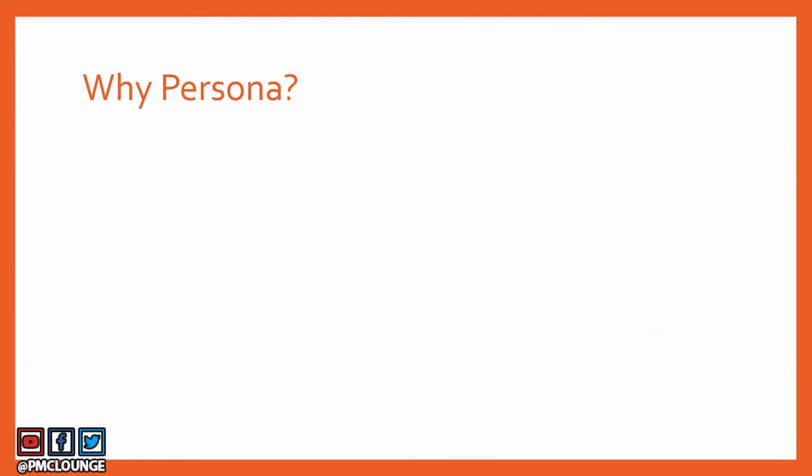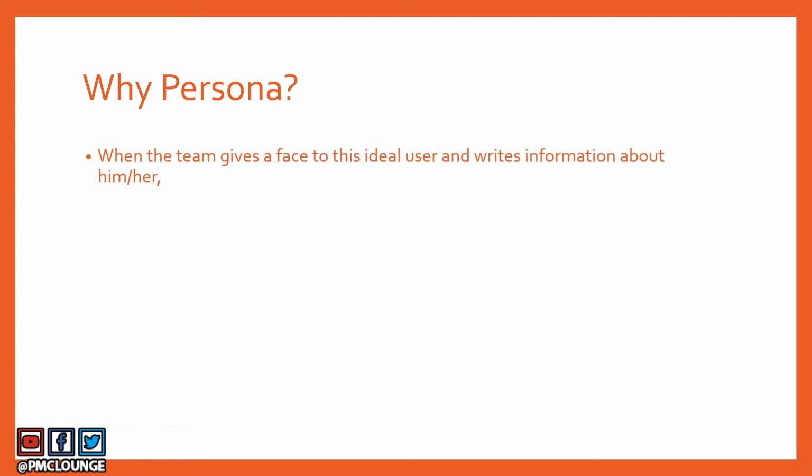So why exactly do you need this persona? I mean, this sounds a bit weird that you are creating a profile of this ideal user and writing all this information about this user. Why are you doing so? Well, when you do so, the Scrum team is going to get a face of this ideal user, right? They are going to put a face to it, and that becomes more relatable.